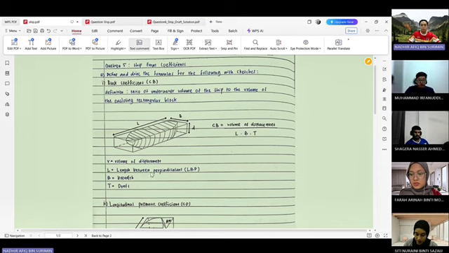Next, the prismatic coefficient CP. The definition is the ratio of the underwater volume to the product of the maximum underwater cross-sectional area and the ship length. The formula is CP equals volume of displacement of the ship over waterline length times the area of the midship section. Next, the waterplane area coefficient, CW.